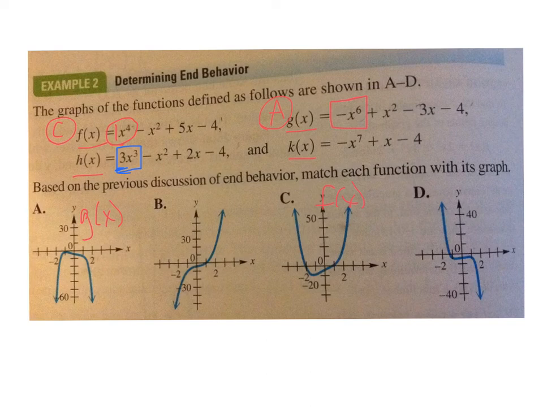Just whether or not it's positive or negative is the kicker. Good. Now the 3 exponent tells me that it's going in opposite directions. The positive coefficient tells me that they're ending on the positive. So A, B, C, or D. You got it. You guys are so good. It is totally B. And that is our h of x.